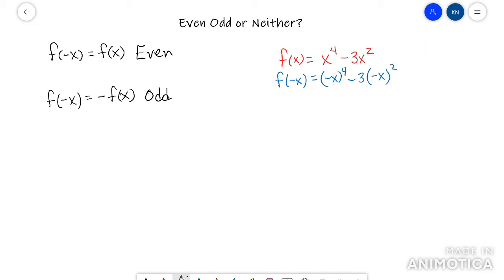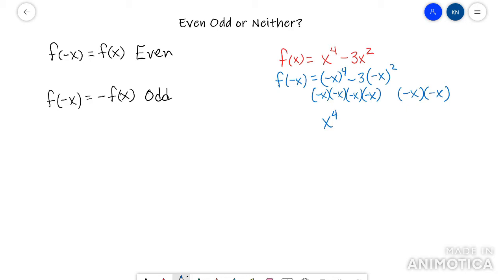And then you have to do some algebra to work this out. So negative x to the fourth is like me saying negative x 4 times. And the same thing with the negative x squared part, that would be like me saying negative x twice. So when you multiply this out, this negative x 4 times is just going to become positive x to the fourth again.